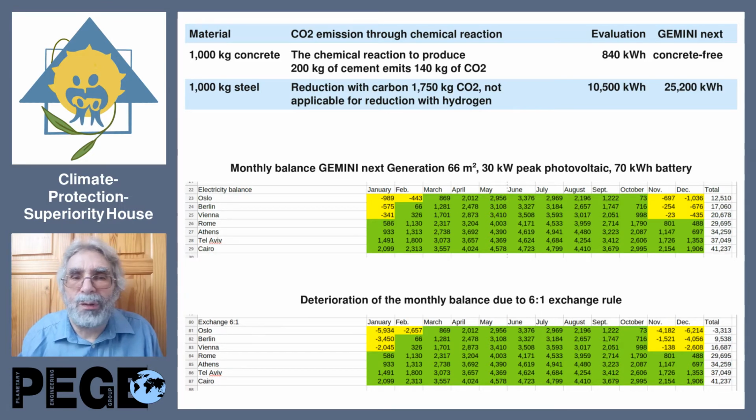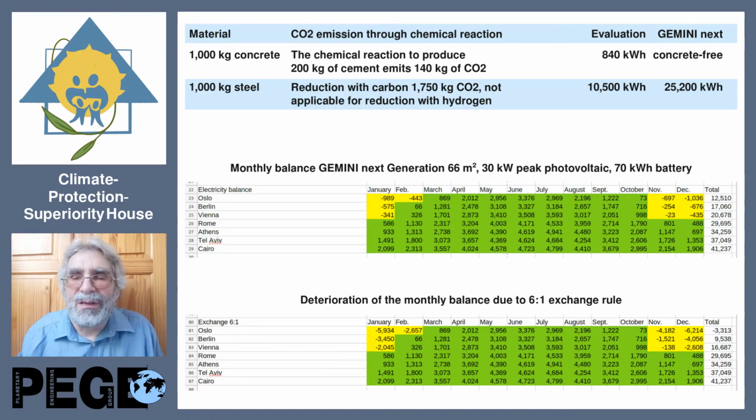And we multiply it with 6, and we will evaluate it with 840 kilowatt hours per ton of concrete. For luck, the GEMINI next generation house is completely free of the usage of concrete.